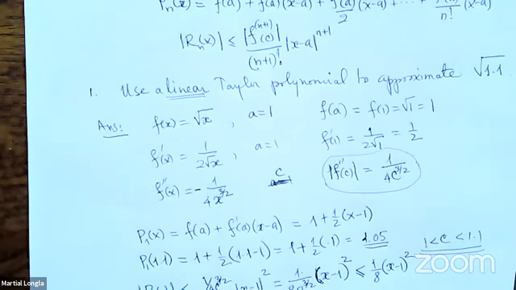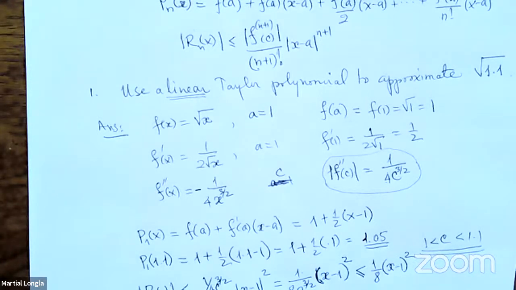You get that the absolute value of R1 of 1.1 is less than or equal to 1/8 times 1.1 minus 1 squared, which is 1/8 times 0.1 squared, 0.01 over 8.